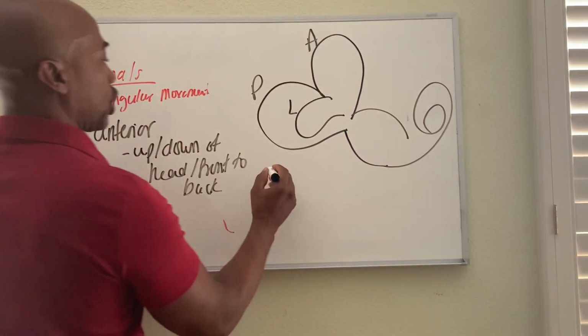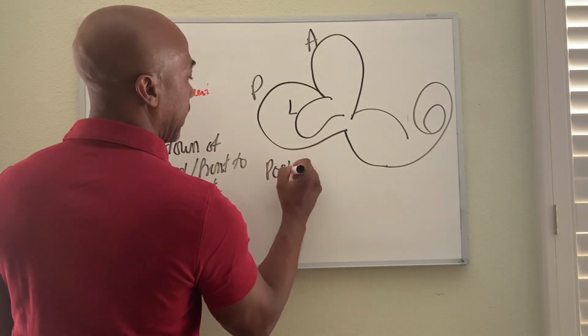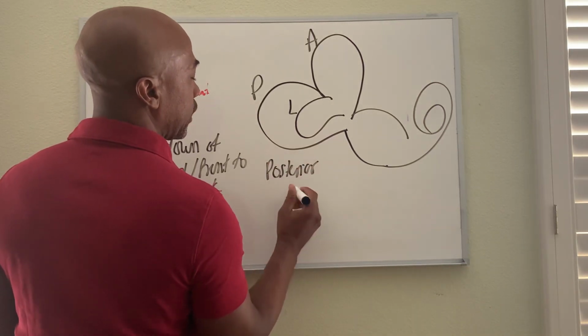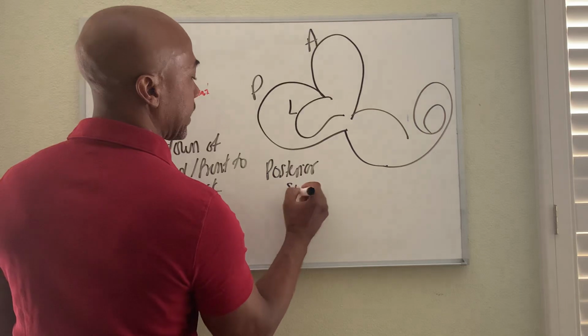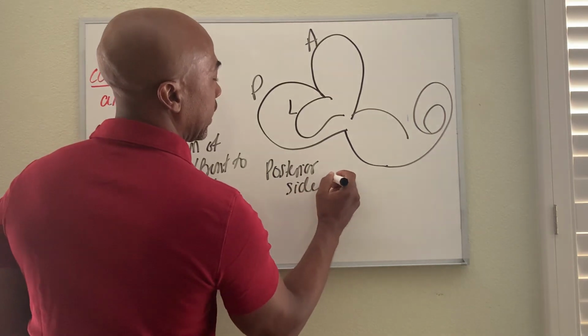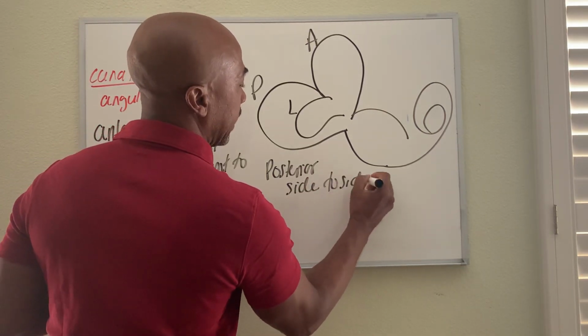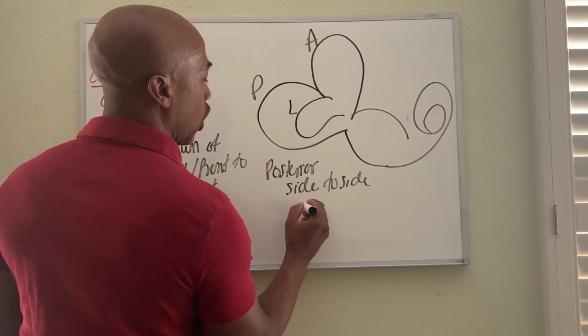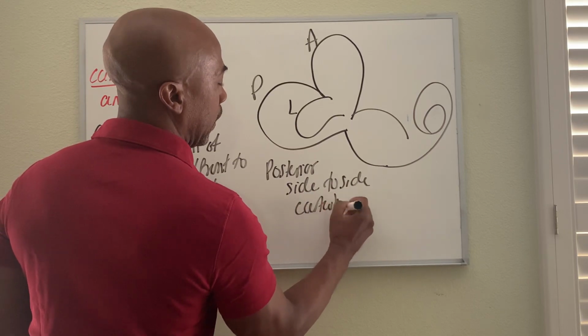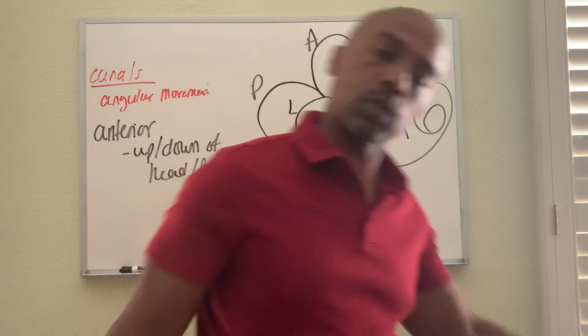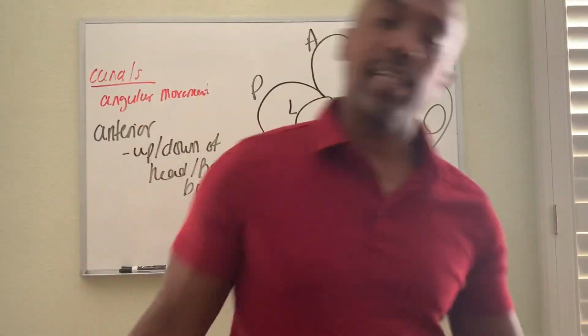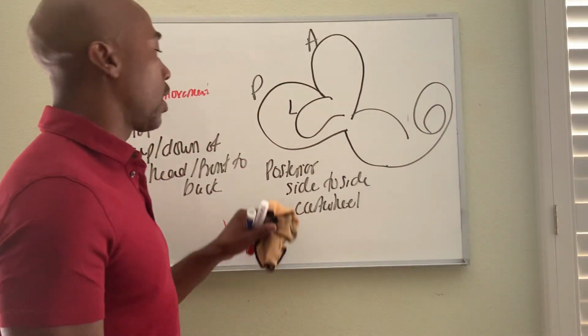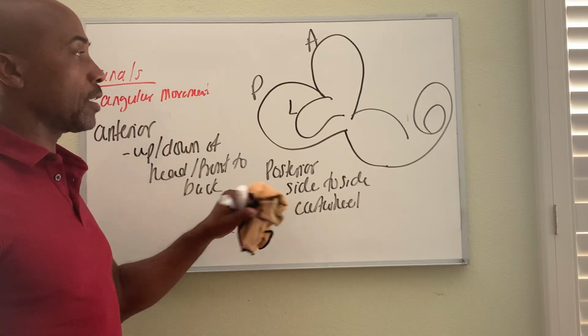Then the posterior canal, this one is side to side, as in doing a cartwheel. So doing this motion, it detects it for you. That's the job of your posterior semicircular canals.